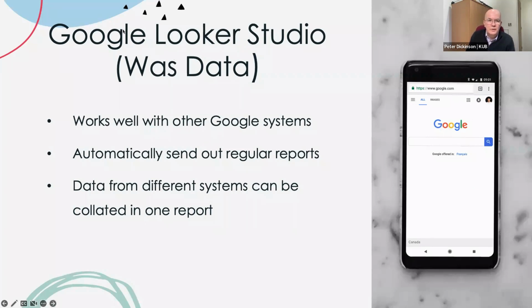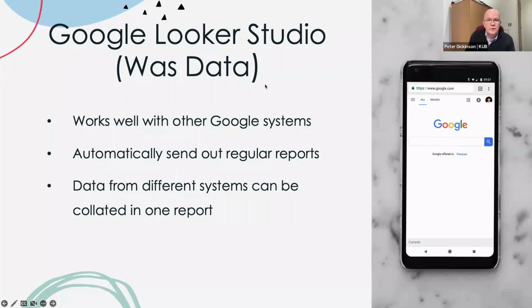So if you look up Google Data Studio, you'll get more information because it only changed about 6 months ago. It works well with other Google systems and sends out reports. So we were paying for a system to do all this. And then when they moved to GA4, our old systems stopped working, so we had to completely revamp what we did.